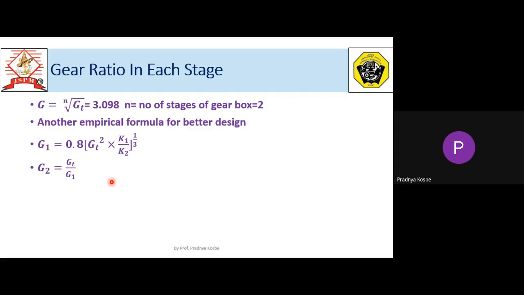If you remember, K1 is equal to 0.16 (BHN by 100) squared, so that depends on the material properties. Here we will assume that both the gears are made of the same material, so K1 and K2 will get cancelled, and if K1 is equal to K2, it will get cancelled.